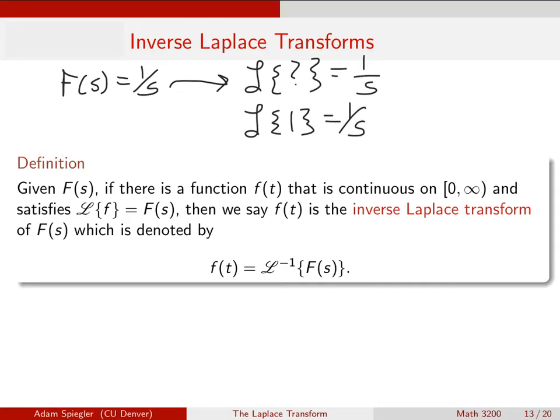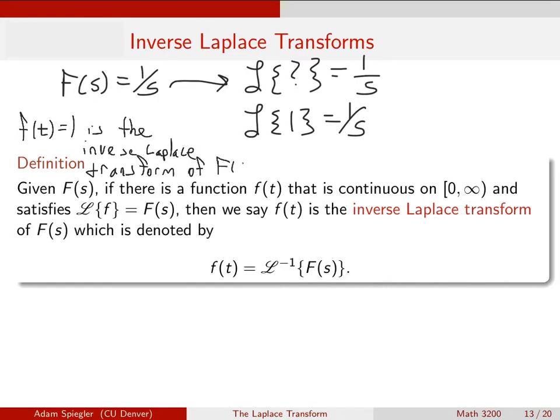Okay, so therefore what I could say is that f of t equals 1 is the inverse Laplace transform of F of s equal to 1 over s.